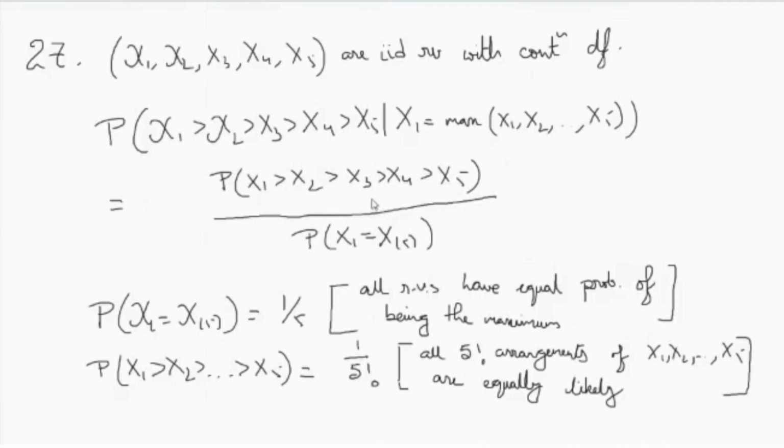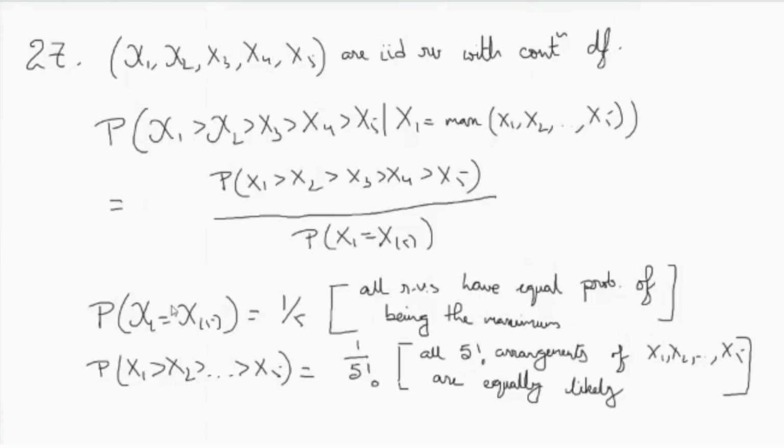And obviously, in the numerator, X1 is greater than X2 greater than X3 and so on. This intersection with X1 is the maximum of these 5 is equal to this same quantity again, because this is a superset, because the denominator is a superset of the probability that X1 is greater than X2 greater than X3.